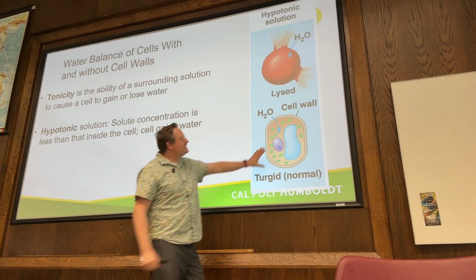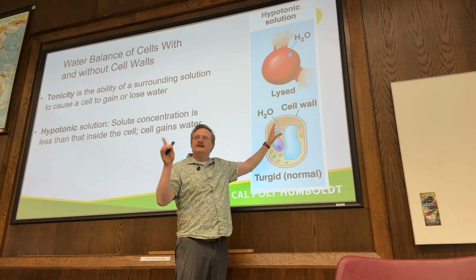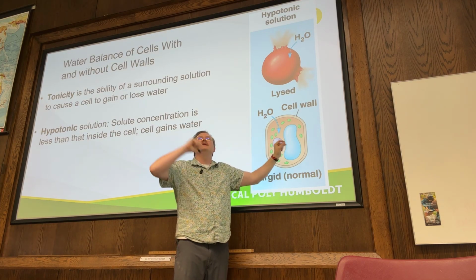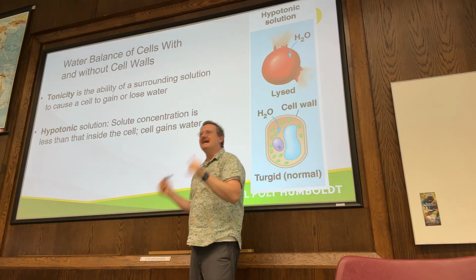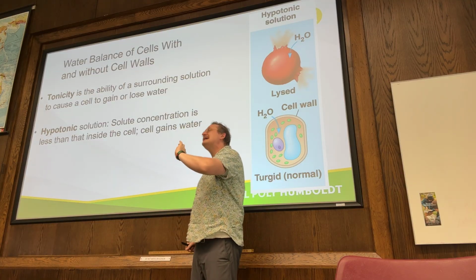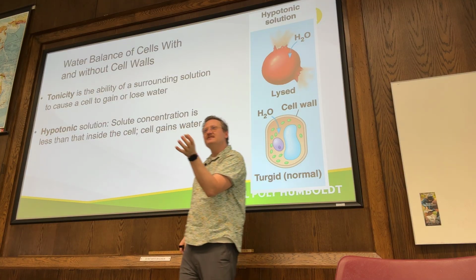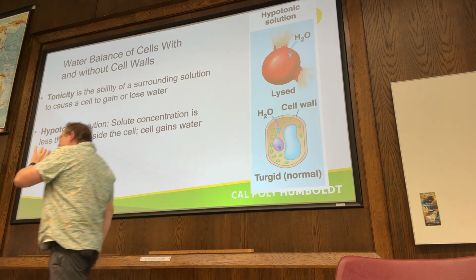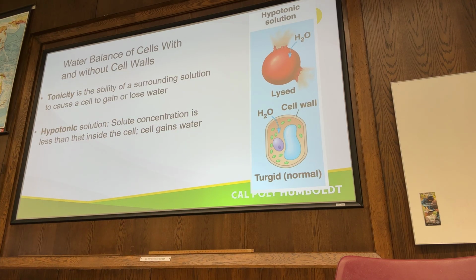Now, to get to your question about gravity earlier, there are multiple components to water potential. We're only talking about solute potentials here, all right? But pressure is something as well. So there's this whole concept of discussing water movements in terms of the energy that a solution has.